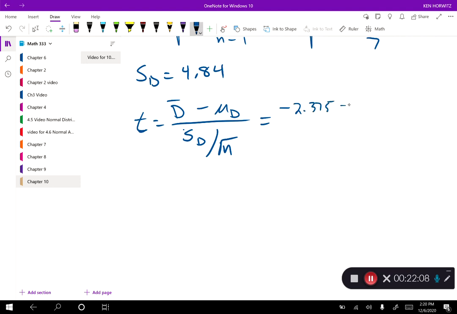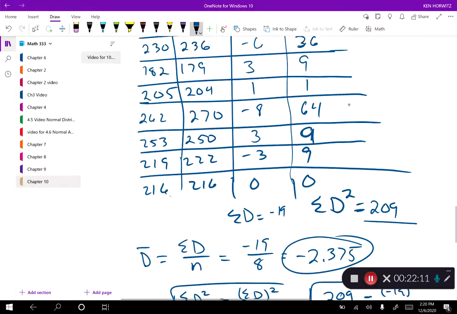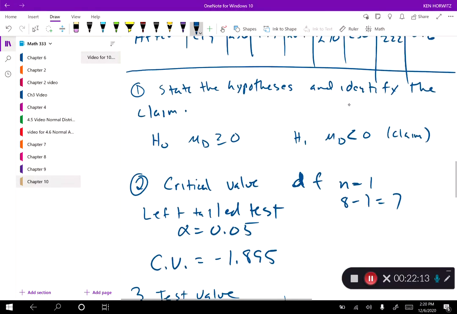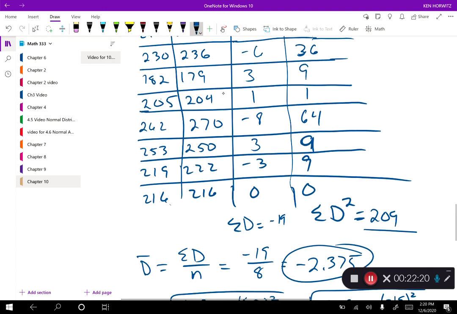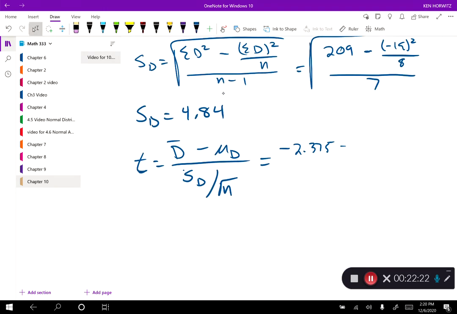Our null hypothesis is that they are equal, potentially equal, so the average of our differences is going to be 0. The standard deviation is 4.84, divided by the square root of 8. Why don't you throw this into the calculator and let's see if we get the same number.